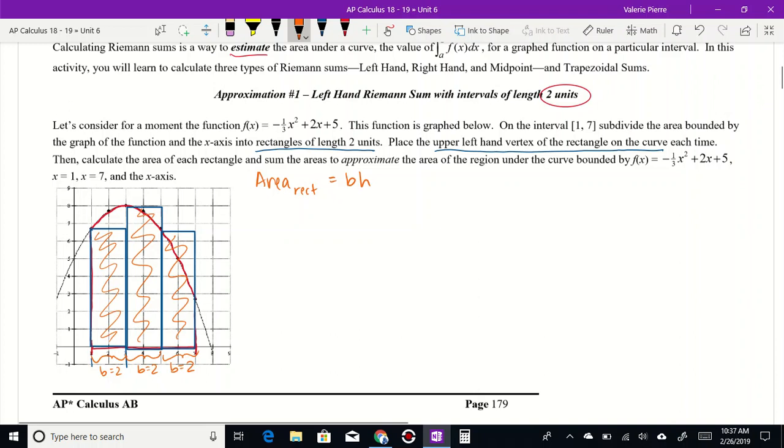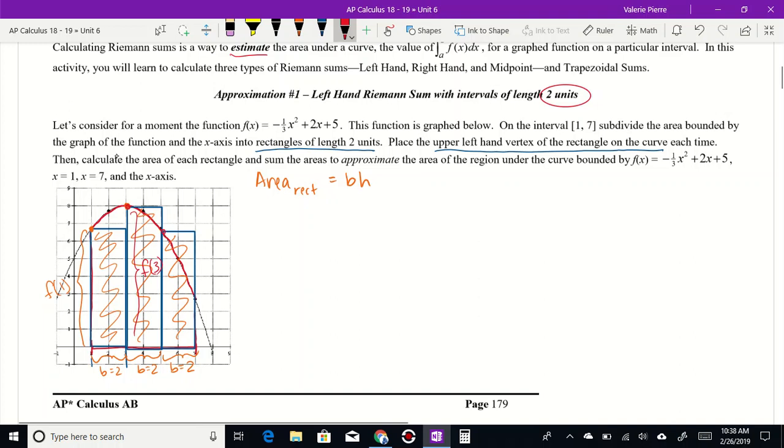So for example, the height of this first rectangle is going to be whatever value this point is, which is going to be f of 1, since 1 is the x value of this point. The height of my second rectangle will be whatever value this point is. So that'll be f of 3 in this case.